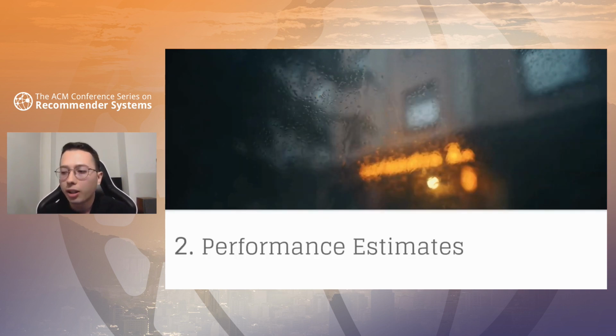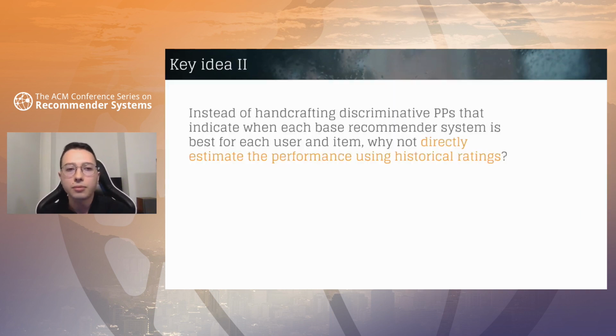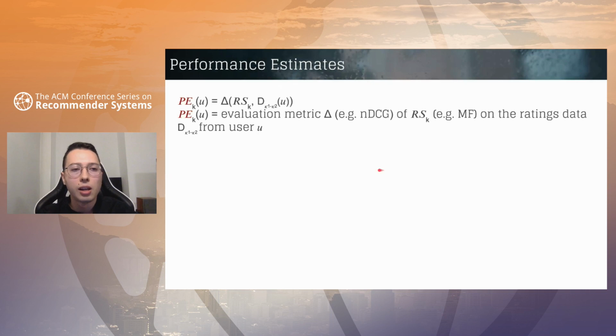is a little bit different from performance predictors. The key idea is that instead of handcrafting those features, we want to estimate the performance directly. We do that by using the user's historical ratings. It's quite simple how we calculate the estimates. We use an evaluation metric, for instance NDCG.